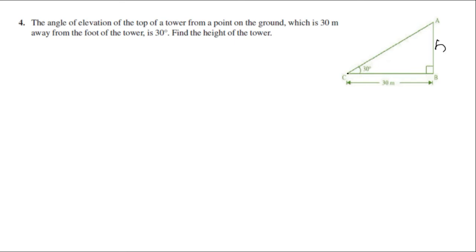Point C is the point where the observer is there. He is making an angle of inclination of 30 degree and is 30 meters away from the tower. So in triangle ABC, we have tan of 30 degree equal to AB upon BC.